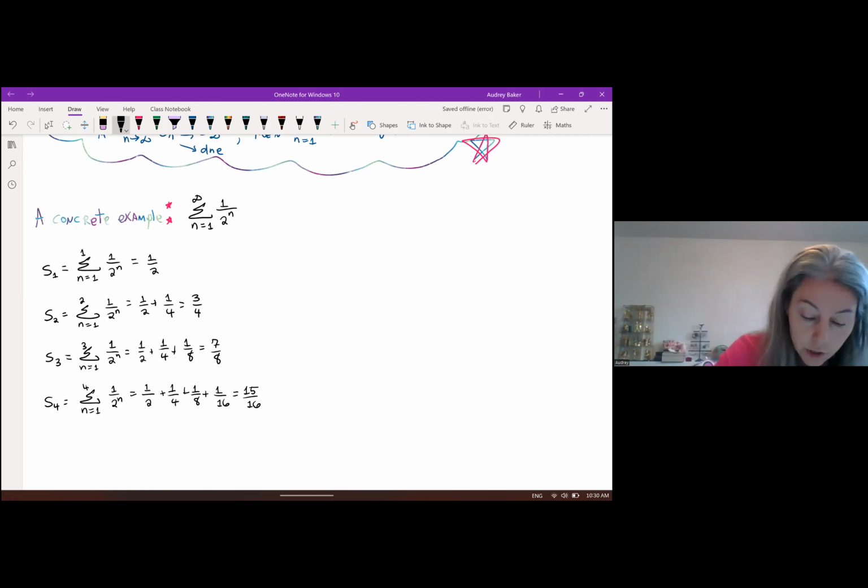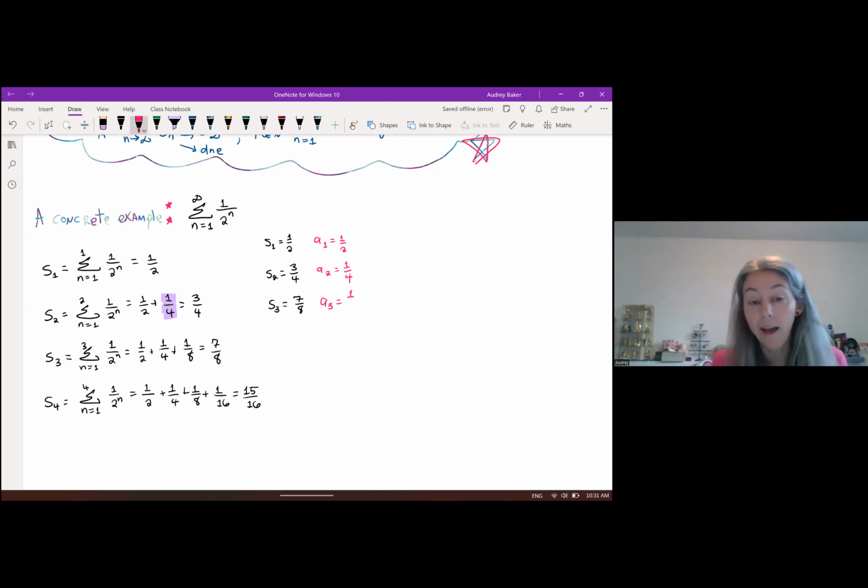So now here, just to be clear, my S sub 1 is equal to 1/2, and my A sub 1 is also equal to 1/2. My S sub 2 is equal to 3/4, but my A sub 2 is just equal to that 1/4 that I added here. My S sub 3 is equal to 7 over 8, but my A sub 3 is just that 1 over 8 that I added.